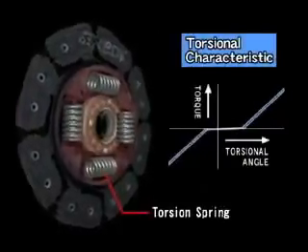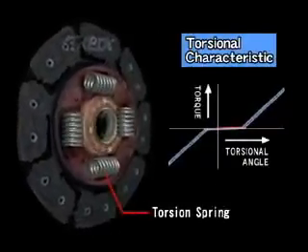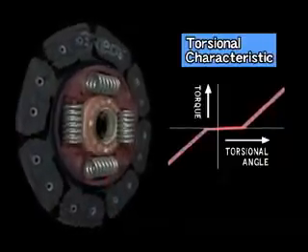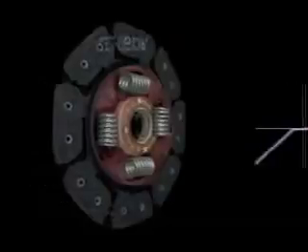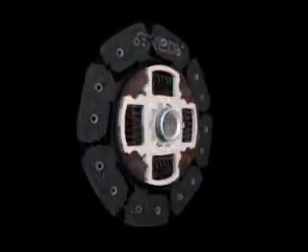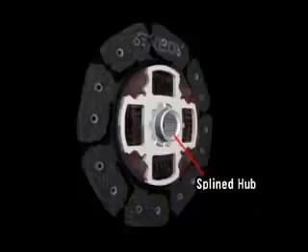The primary function of the torsion springs is to absorb fluctuations in engine revolution. Finally, engine torque is transmitted to the transmission via the splined hub.